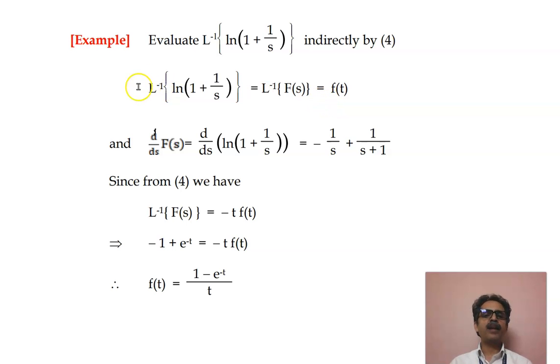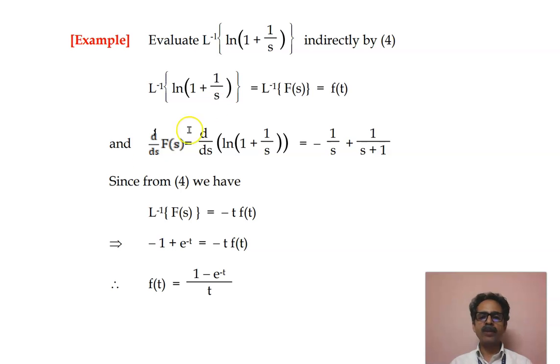You know L inverse of capital F of s is always small f of t. That means capital F of s will have the value ln of 1 plus 1 upon s.